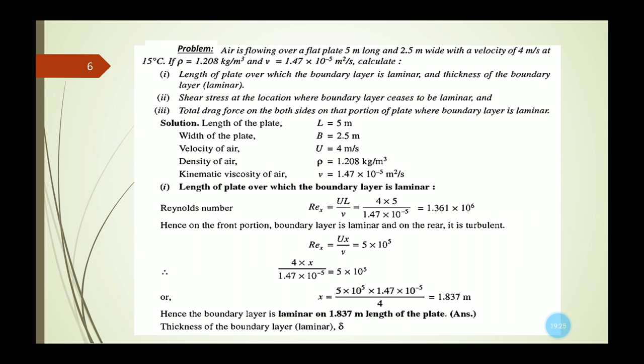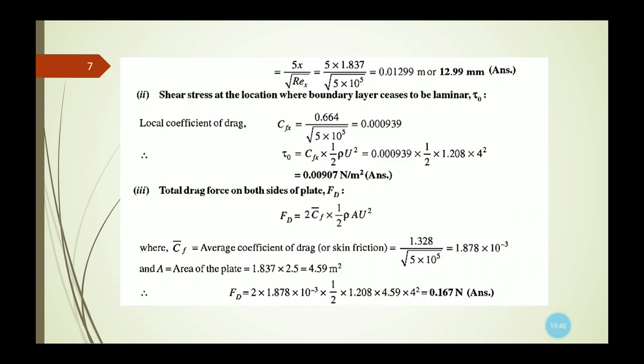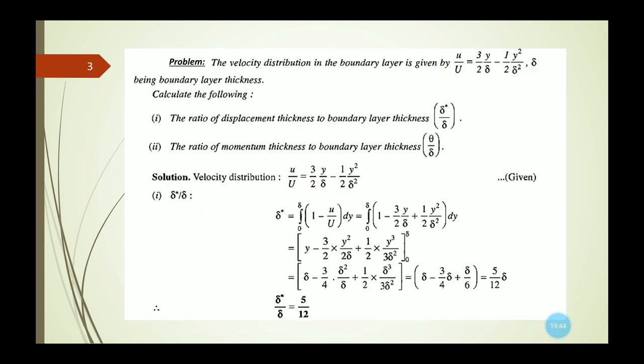Now for the second sub part of the first part of this numerical, we need to calculate the thickness of the boundary layer. But which formula of the thickness will we consider here? Let us move to the table.